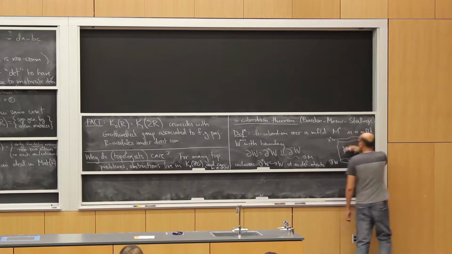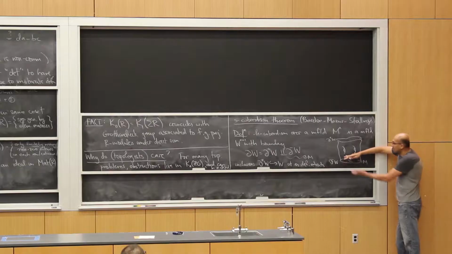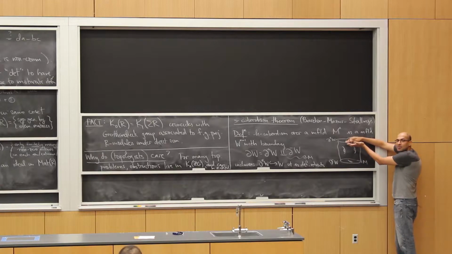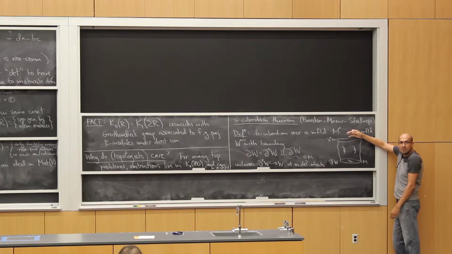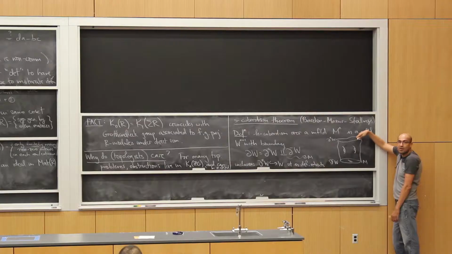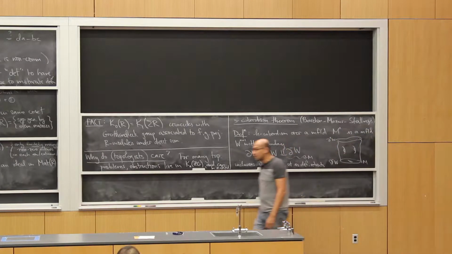What that means is you can take all of W and push it down to M while keeping it the identity down here. Or if you want, you can push it up. There's one obvious example of this: you take M cross the interval. Now you can ask, are there any others?